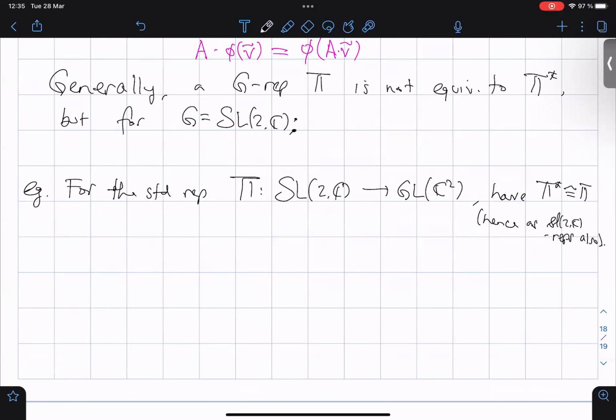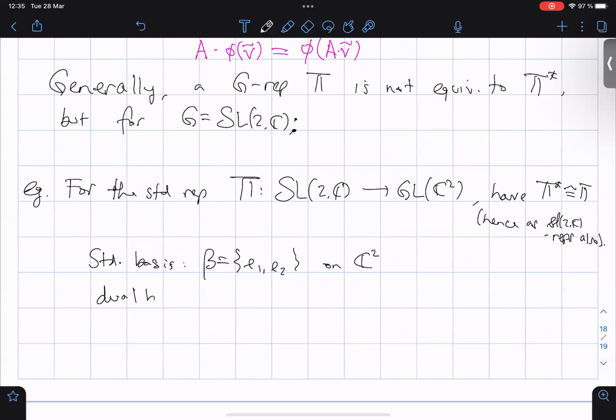Let's be explicit about this, just because we're going to use this intertwiner later on. So we have a standard basis on C2.